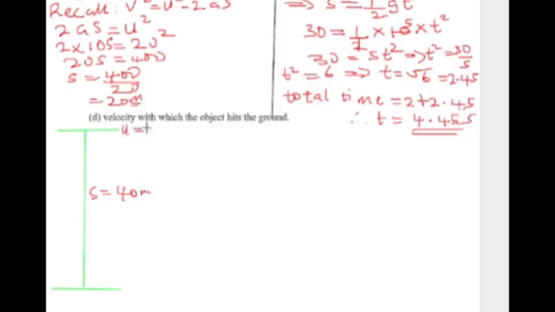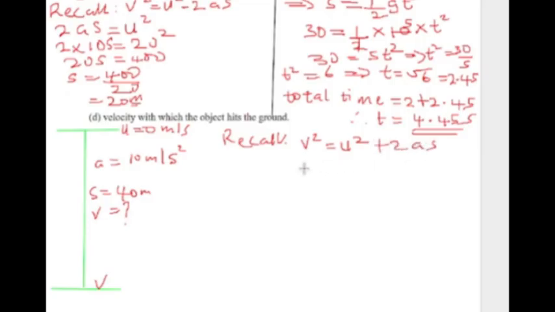u is equal to 0 meters per second. Acceleration due to gravity, a, is equal to 10 meters per second squared. So the correct equation we're going to use, since v is unknown, and the velocity at this point is v, the velocity with which it hits the ground, we recall that v squared is equal to u squared plus 2as, because we are working with gravity now.